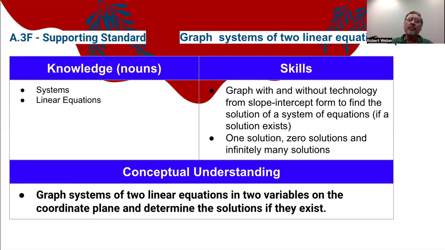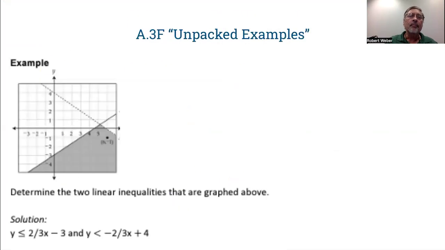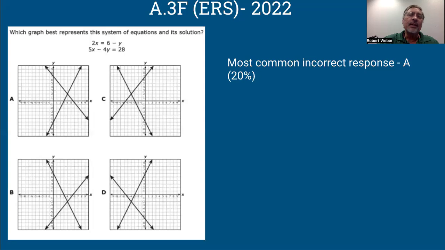3F, graphing the systems of two linear equations, which is one technique to solving. Examples there. This is graphing systems of inequalities, which is an interesting one because it's where your shading overlaps or intersects. So this can be a little bit of a challenge to teach, but it also can kind of be fun.